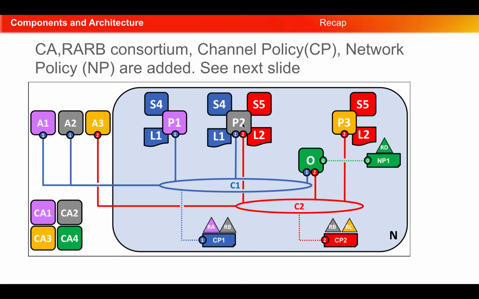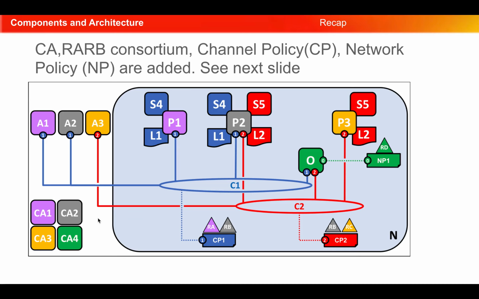That's why P2 and P3 have the smart contract 5 and the L2 ledger associated with it. As you can see in this picture, P2 is part of both channel 1 and channel 2. That is the reason it has two smart contracts installed on top of it, and it is also associated with two ledgers.